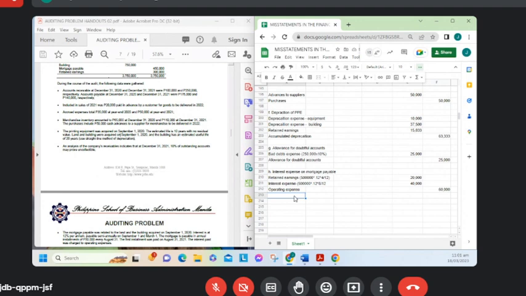Okay? Then of course, we are going to record the interest for this period from September 1 to December 31, which is payable in March. So entry to record interest expense, accrual of interest expense.